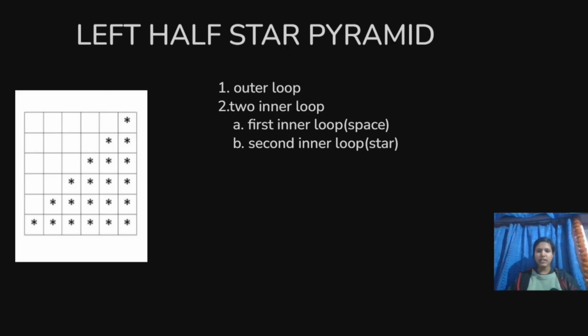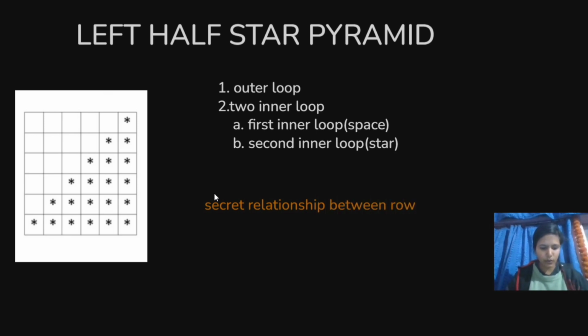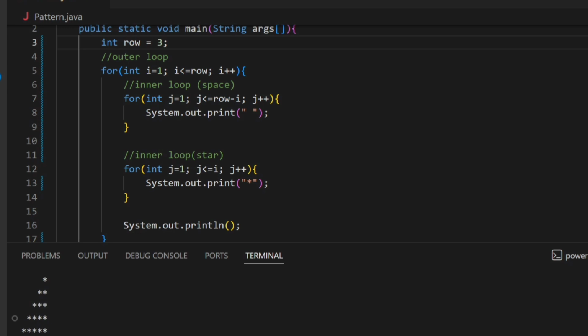In this code we also see a second secret relationship, between rows and stars.